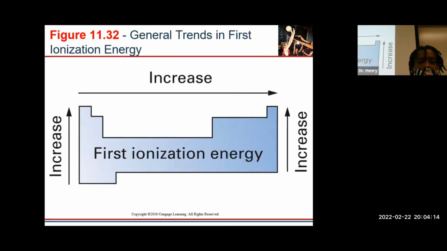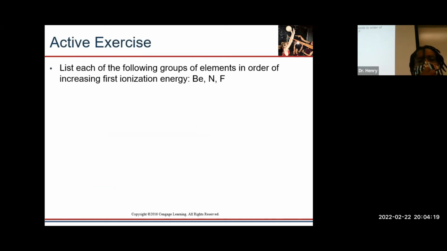So this is the general trend for first ionization energy. Here's your question. List each of the following groups of elements in the order of increasing first ionization energy: B, E, N, and F. So who's going to have the lowest ionization energy and who's going to have the highest ionization energy?